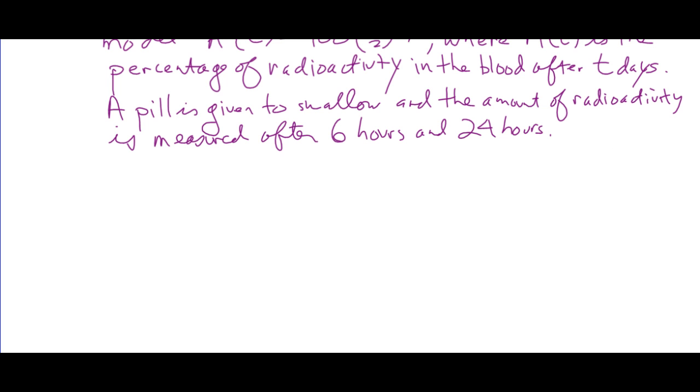So now a question, right? Using the model, determine, a word you will never see on the diploma, because determine means show your work, but it will be on a quiz, right? So show your work.